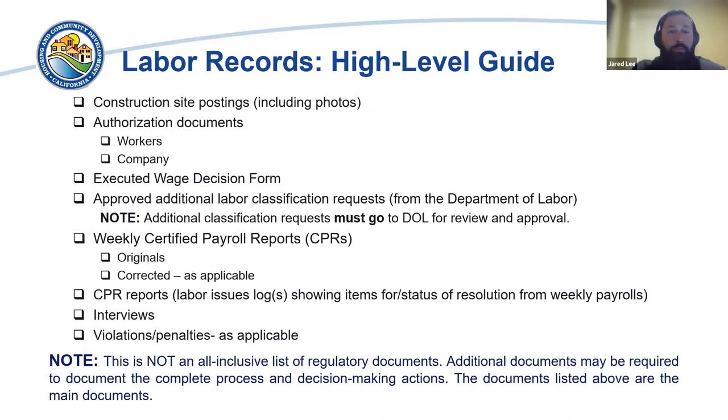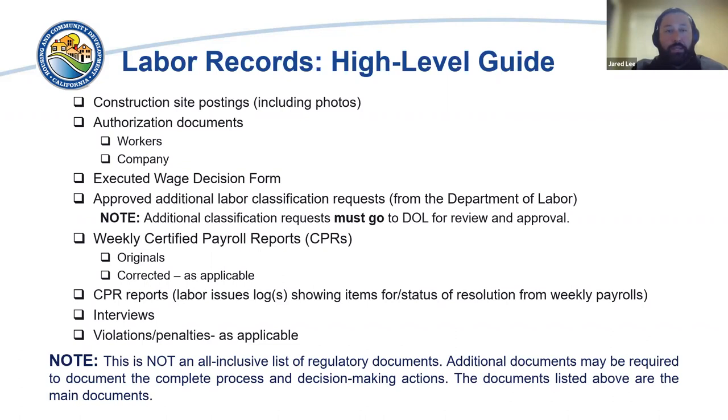To that end as well, there's also a labor issues log, which is really a good practice to use to show items that still need resolution, and items that have been resolved under specific vendors or subcontractors, whether it's the prime or the sub. It shows the status of resolution, whether or not it has occurred or is still in the process of occurring.